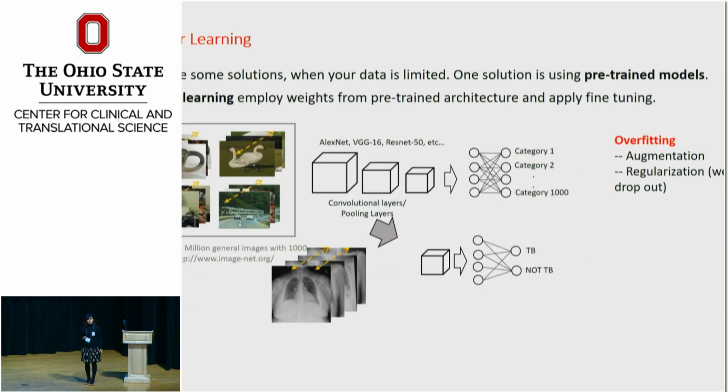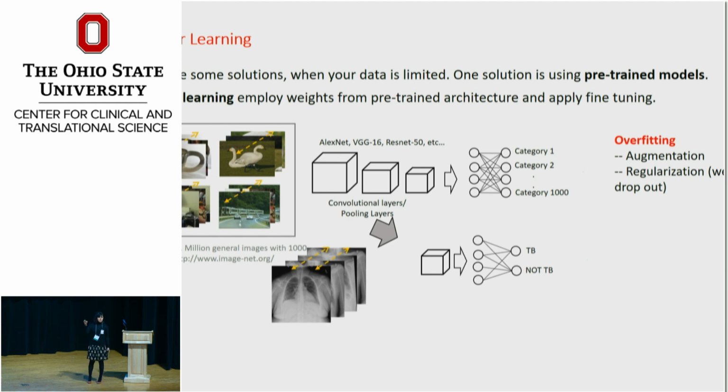But there are some solutions to mitigate some of these challenges. For example, if your data is scarce, you can use pre-trained models. There is a very large data set outside. It's called ImageNet, which contains 1.2 million general images. And there are architectures which are trained with this very large data set. The earlier layers of these architectures know low-level features like lines, circles, which are still useful for your own problem.